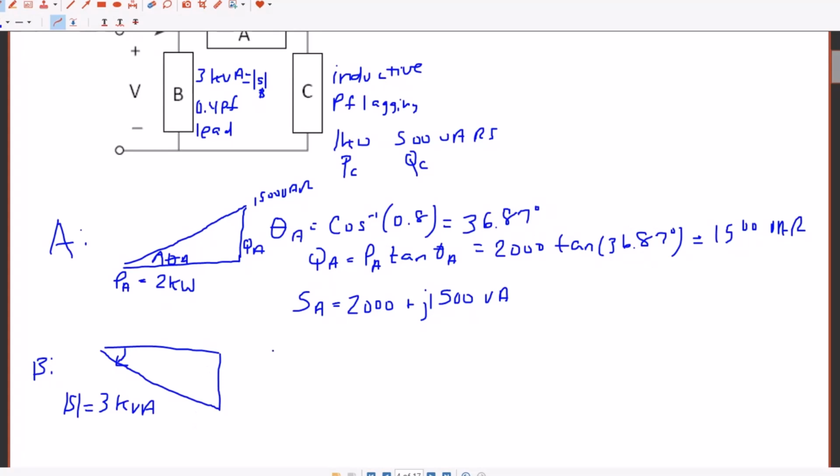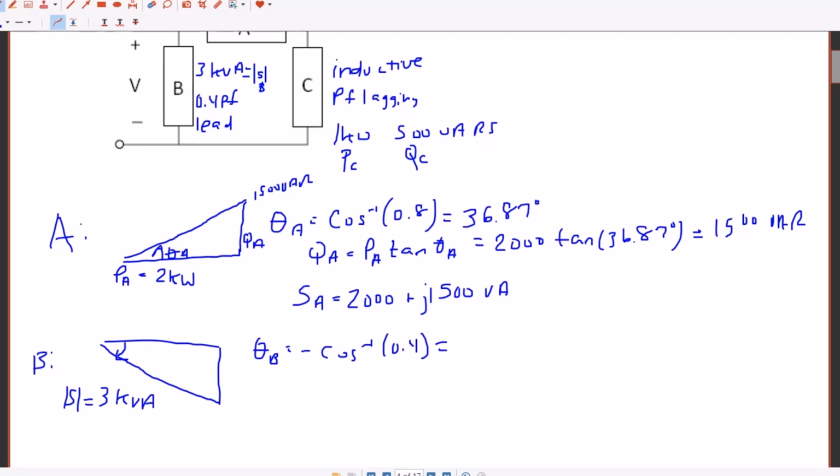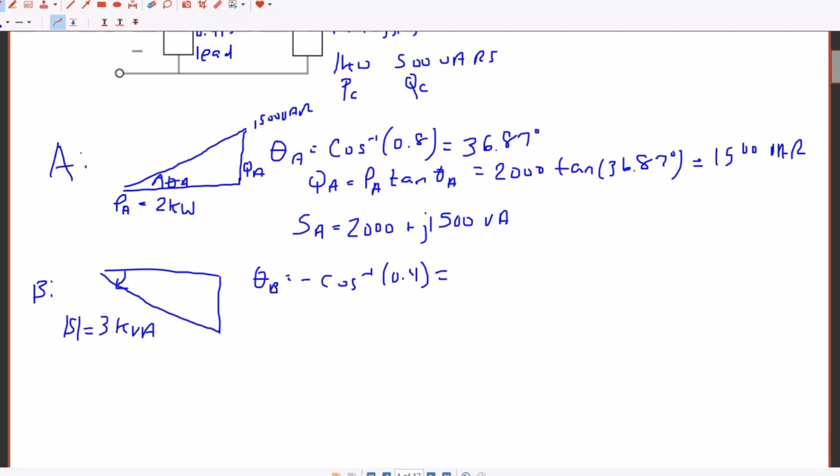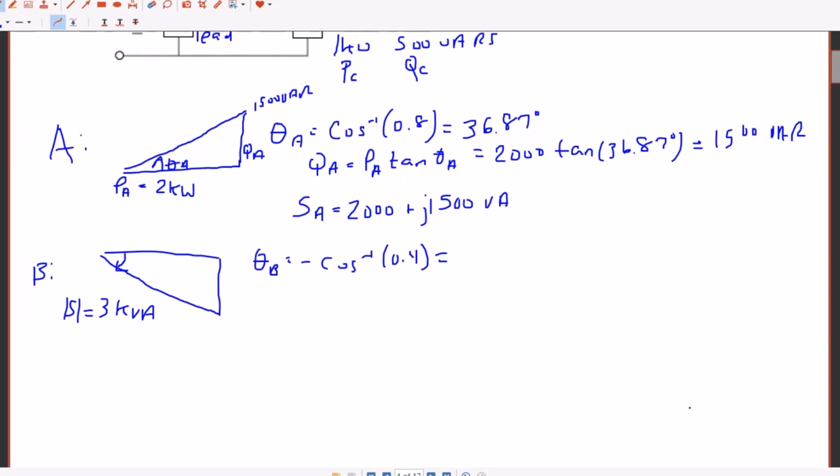And my angle, theta B, is negative, the arc cosine of 0.4, which is negative 66.42 degrees.